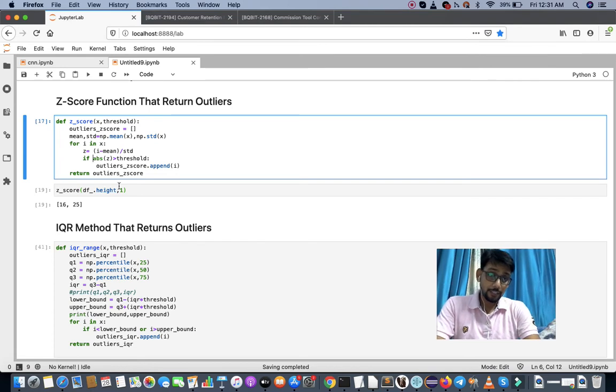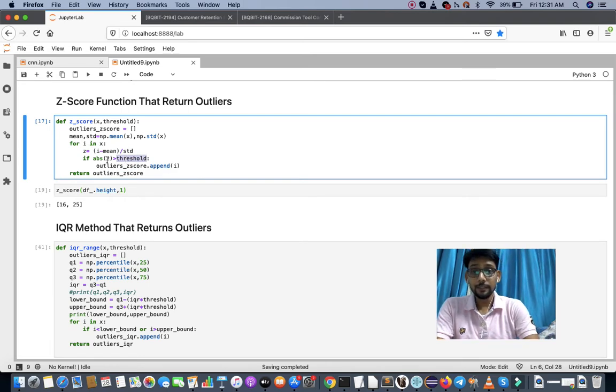I have explained this again; if you don't have an idea about the z-score and threshold, go to my previous video, and you can find the link in the description box, right? So basically what I explained is that if we have a threshold value of 2 or 3, then the data points are below the threshold or above the threshold, right?